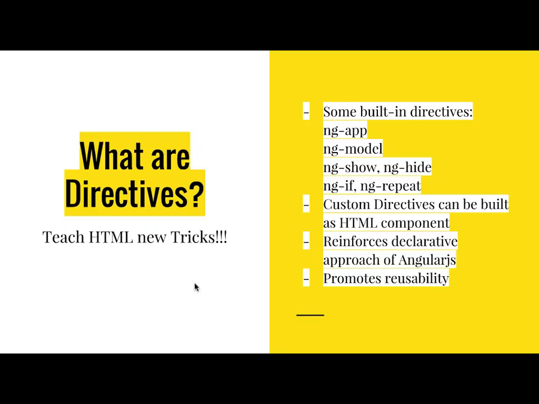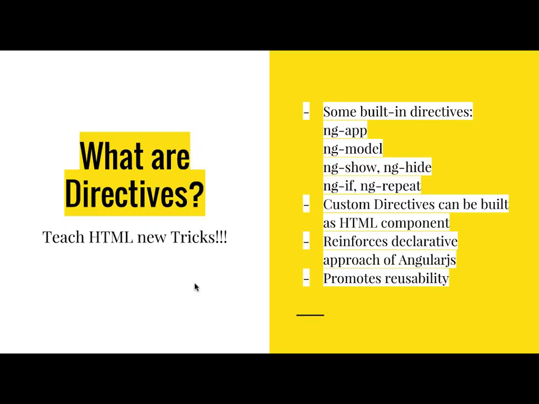There are some built-in directives also, which you have already used, like ng-app, ng-model. I'm not sure about show and hide, but we have seen ng-repeat, right? These come with their own functionality. Whenever you put ng-repeat, like we have done in case of task, it repeats your element again and again.